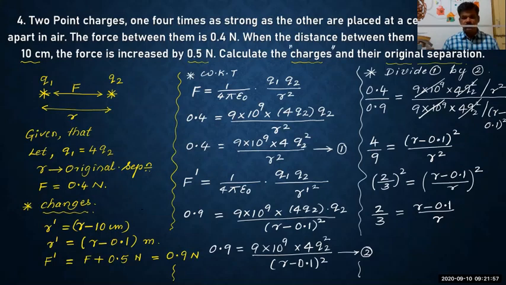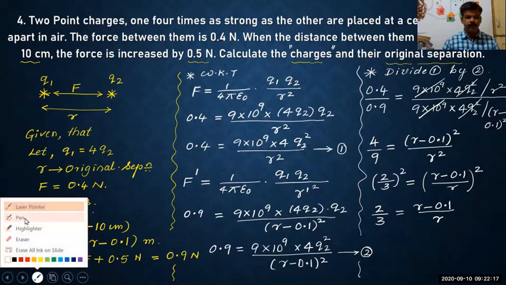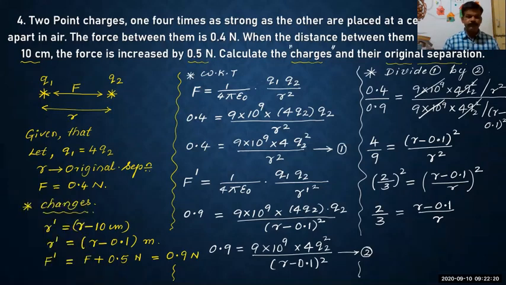Yes. So it is very easy. See, can we make use of equation 1 here? If we make use of equation 1, then by substituting the value of r, we can very easily find Q2. Right. So hence I am making use of equation 1 now.